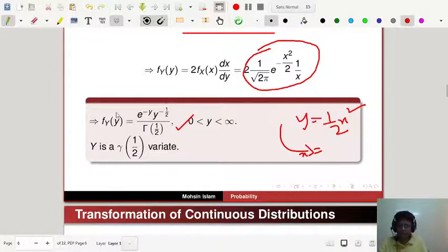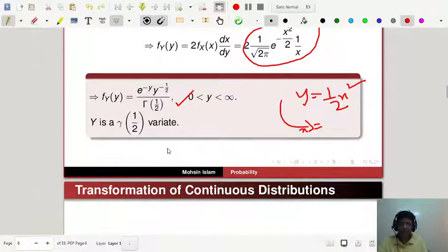So Y is a gamma half variate. Y is a gamma distribution in that case. That is a very interesting fact: when your transformation is y equal to half x square, your standard normal distribution is transformed into a gamma distribution. And this is your gamma half variate.